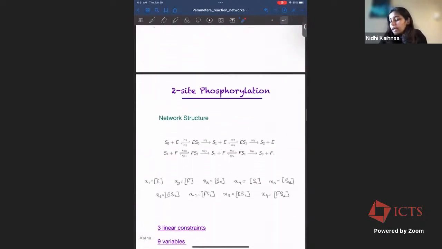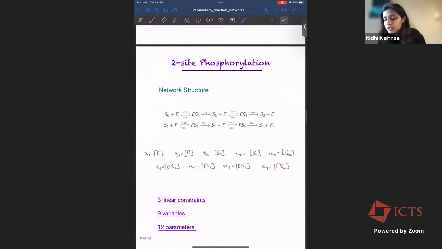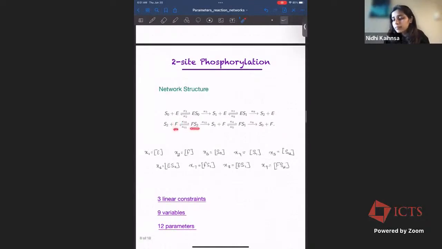If you really want to see, those equations will be basically conserving the concentration of E. So the concentrations where E shows up, if you sum them, should be equal to some constant. And wherever F shows up, if you sum their concentrations, that should be constant.